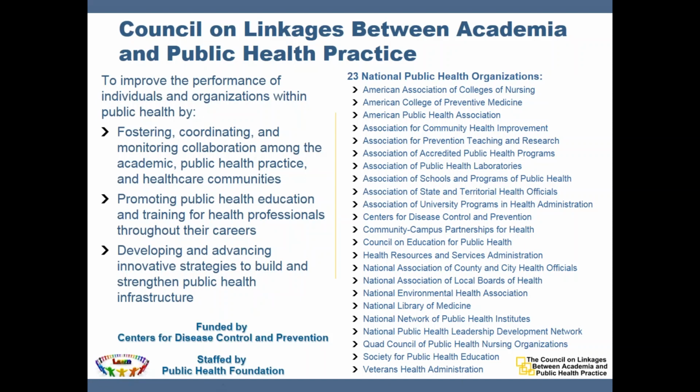The Council is made up now of 23 national public health organizations, including the Centers for Disease Control and HRSA. Our funding, for which we're very thankful, comes principally from the CDC. We have three major goals for the Council that are listed on the slide for you. And as you can see, all of them are related in one way or another to linking academia and practice in public health.